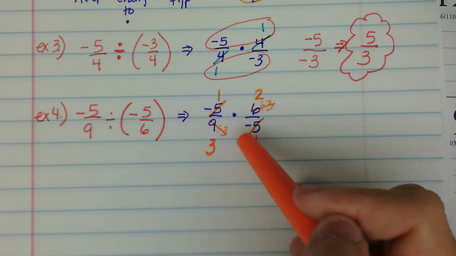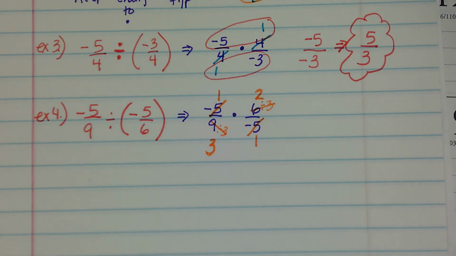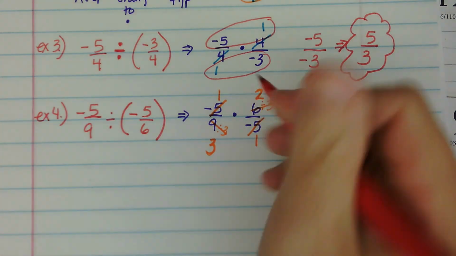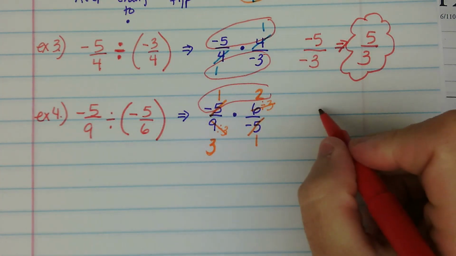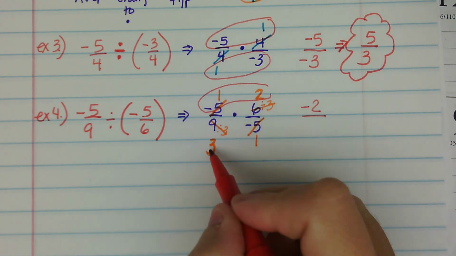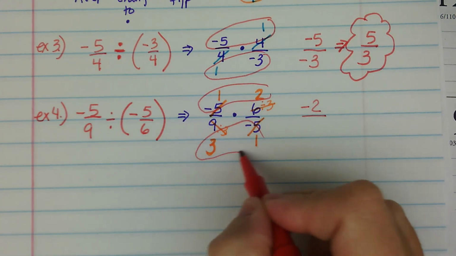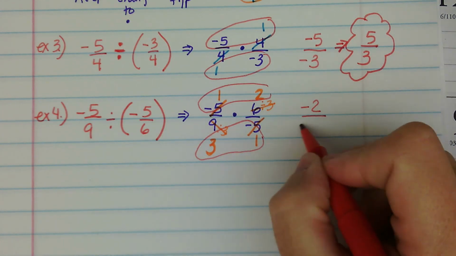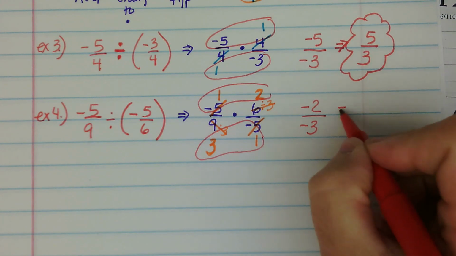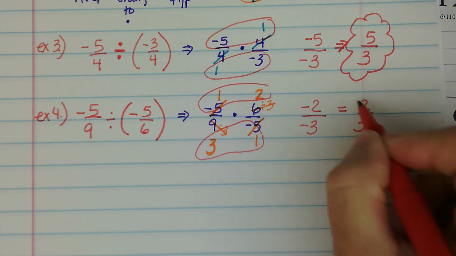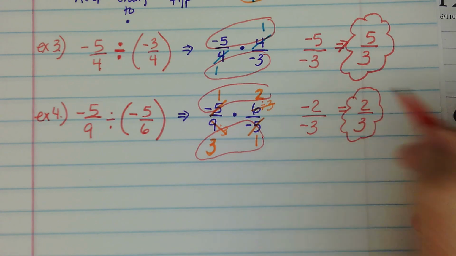A negative over a negative is a positive. So you can either handle that now or you can handle that at the end. But make sure that your final answer is positive when you're done. Right now, I've got -1 times 2, which is -2. I've got 3 times -1, which is -3. And a negative divided by a negative is a positive. There's your final answer.